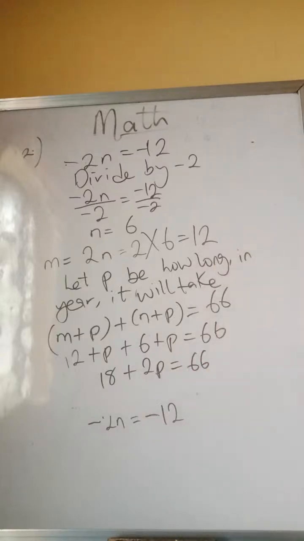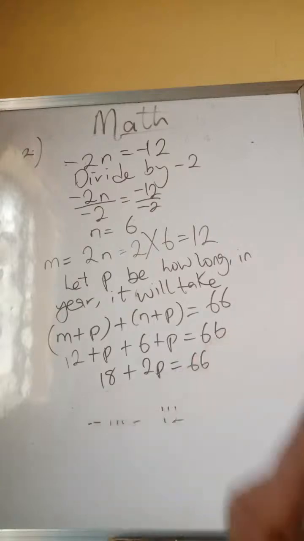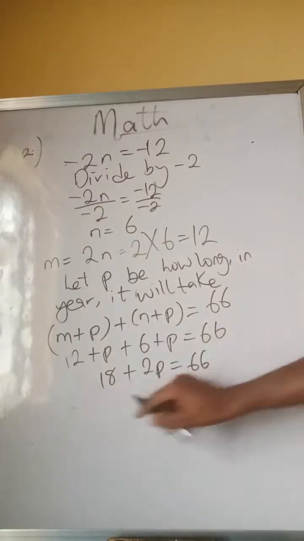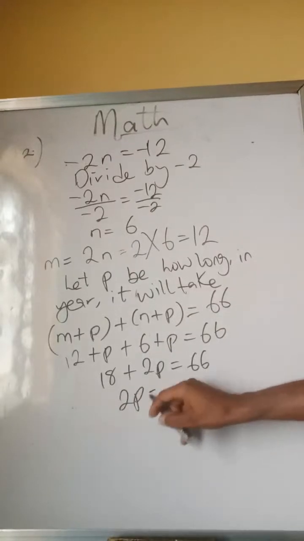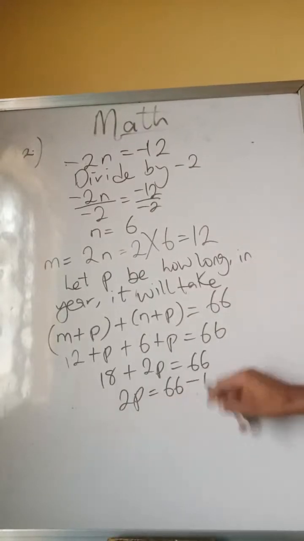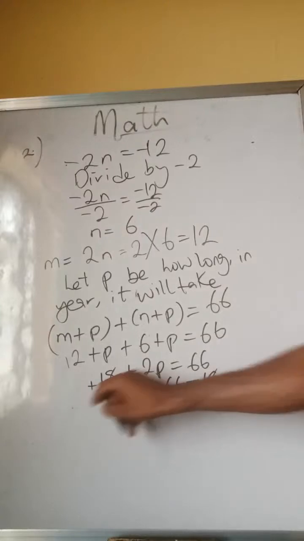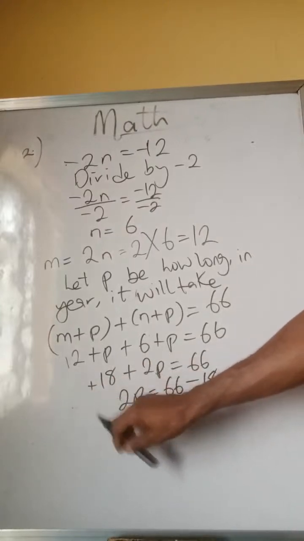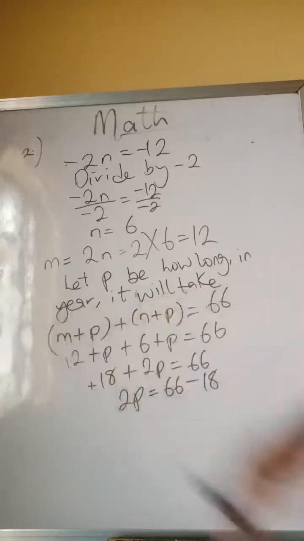Here we have another equation to solve. If you move on from there, you have 2P. You're collecting terms now. 2P is equals 66 minus 18 because the 18 has a plus, not this plus. So if the first sign is plus, you can do without writing it if there's nothing in front again to couple it with.